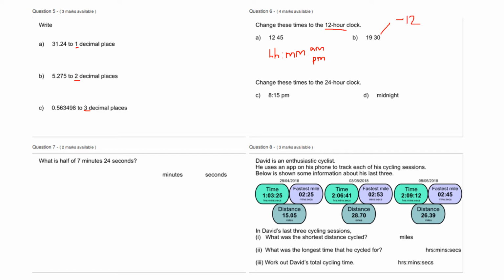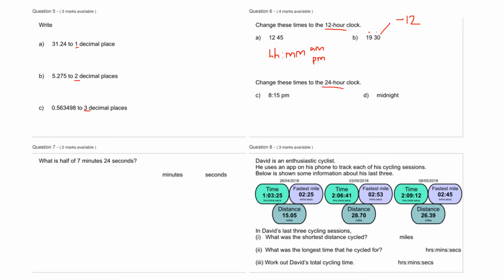Okay, so here's my hours and here's my minutes, so all you have to do is subtract 12 off the hours section and then put AM or PM, again in this format. So hour, 2 digits for the hour, colon, minute, AM or PM.